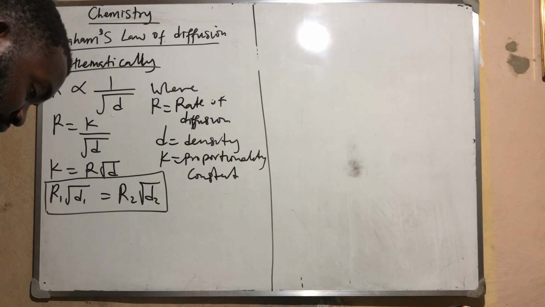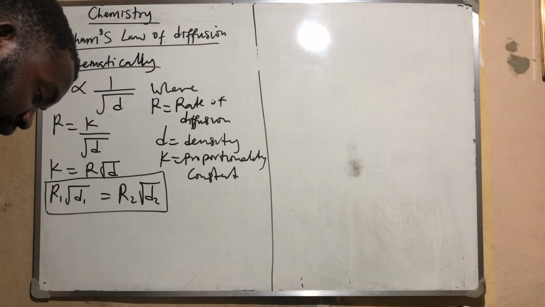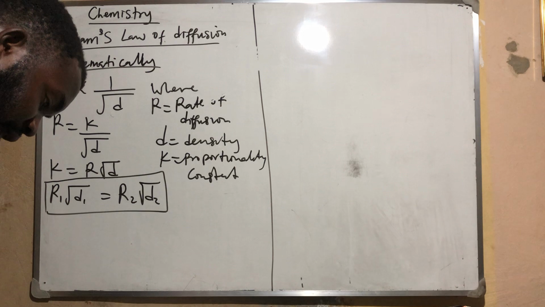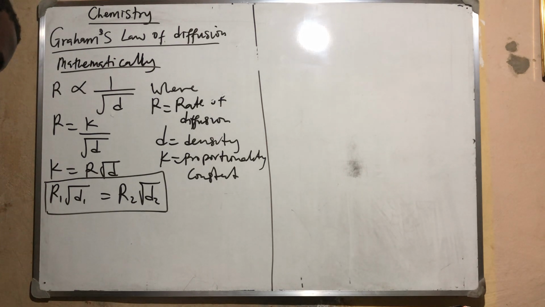Therefore, Graham's law of diffusion can be restated as follows. At constant temperature and pressure, the rate of diffusion of a gas is inversely proportional to the square root of the relative molecular mass.